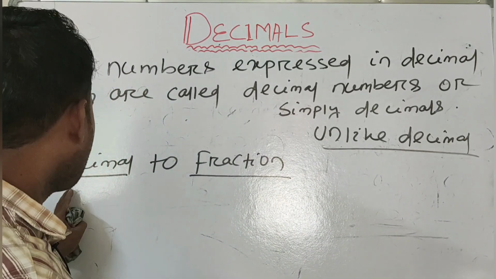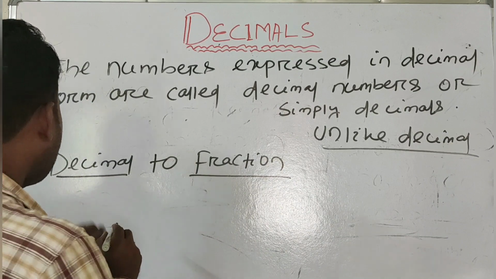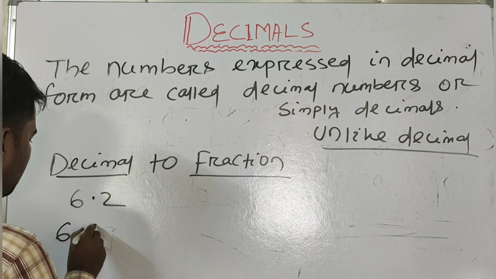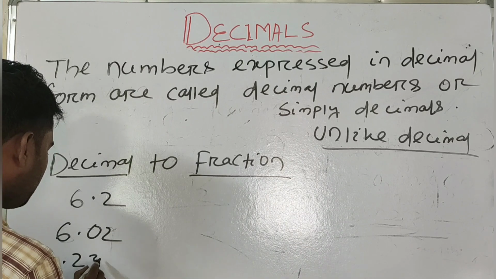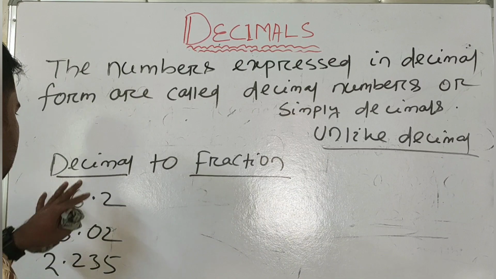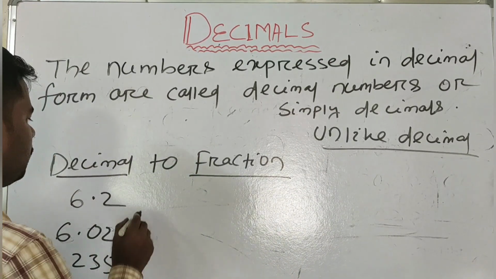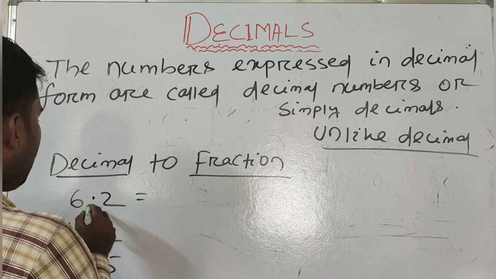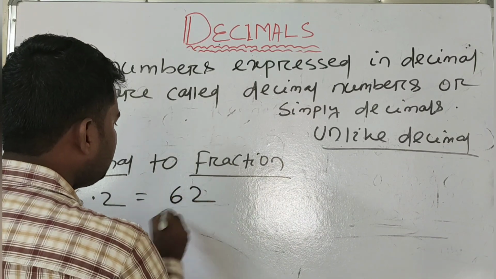Now we will learn decimal to fraction. Okay. Now we'll take some examples of decimals. These are decimals and we have to convert them into fractions. First one: first ignore the decimal point and write that number, 62.